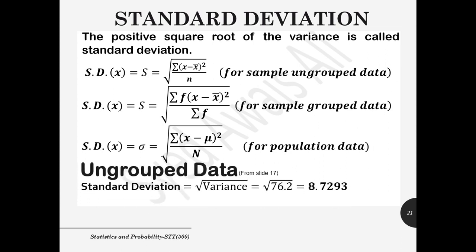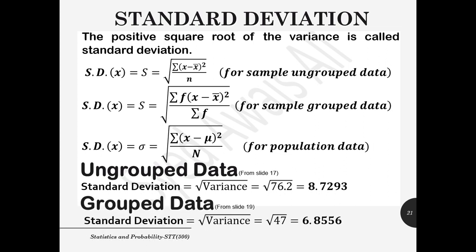So in our slide number 17, value of variance was 76.2, and we have to take square root of that, and that will give you value of standard deviation, that is 8.7293. And for group data, we have discussed in slide number 19, variance is 47. We have to take square root for standard deviation, that will be 6.8556.